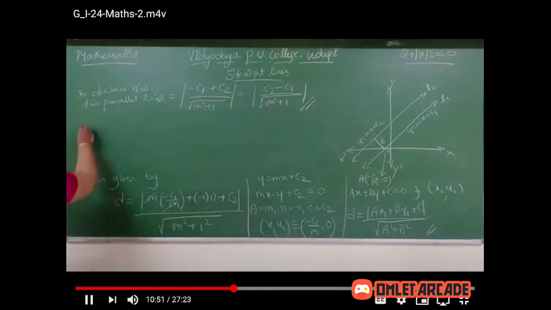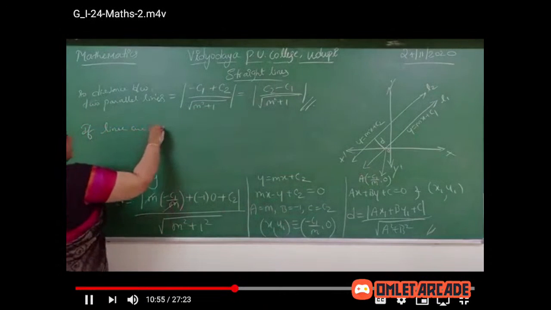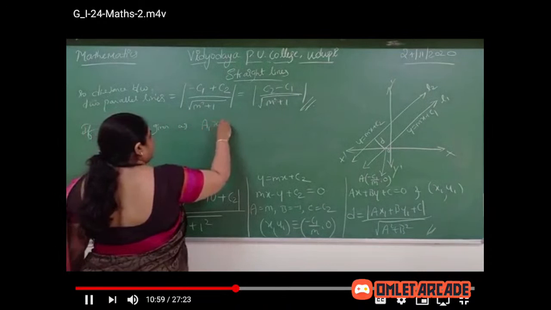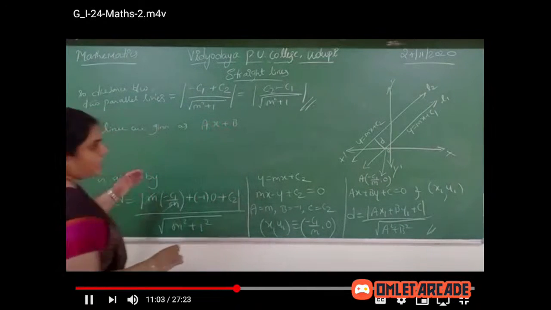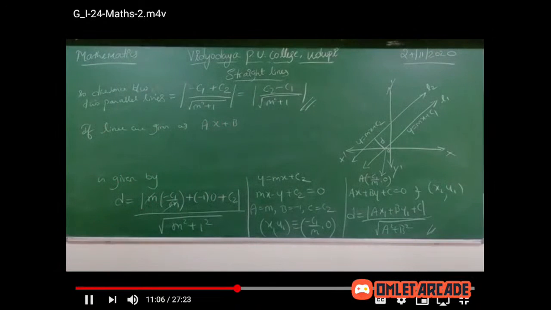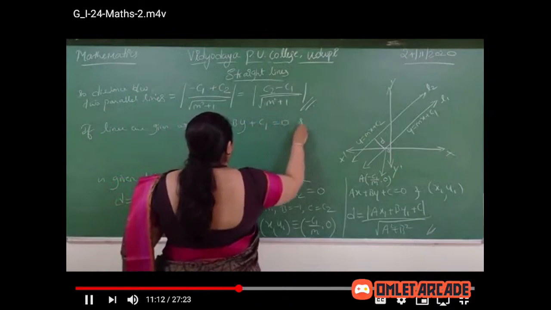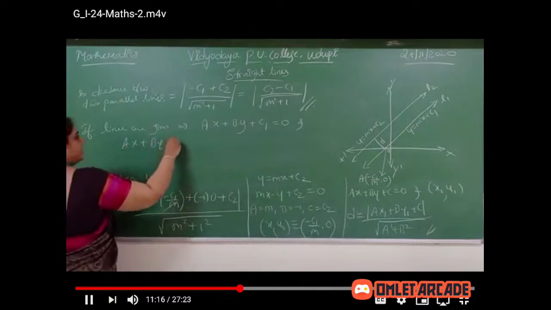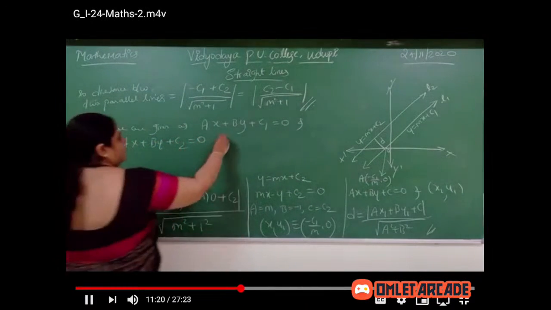Imagine the lines are given as ax plus by plus c1 is equal to 0 and ax plus by plus c2 is equal to 0.